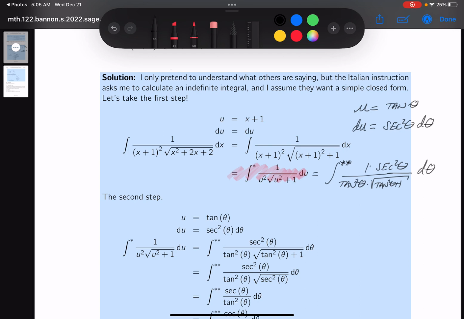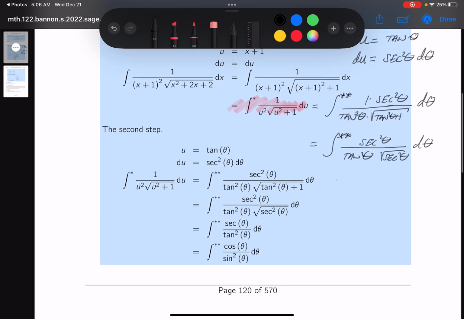You should certainly know that tangent squared theta plus 1 is the same thing as secant squared. So I get secant squared theta d theta over tangent squared times the root of secant squared. In this invertible region, I don't have to worry about the absolute value, so let me write this down.